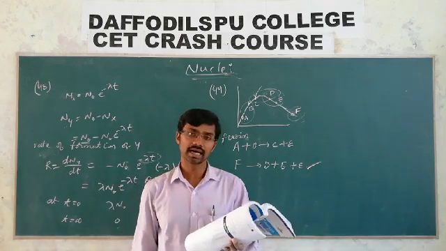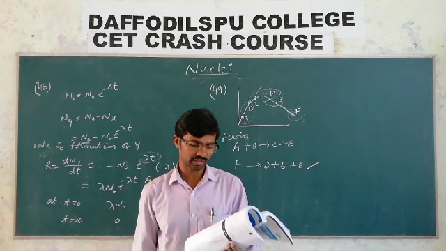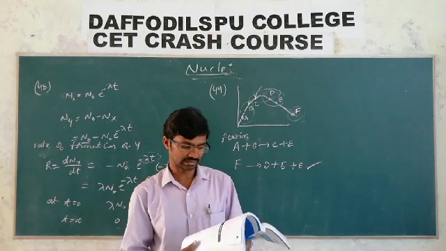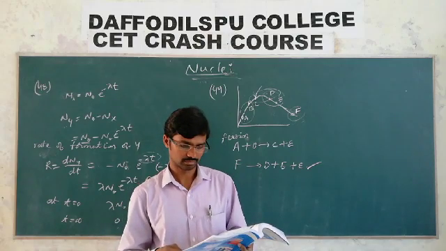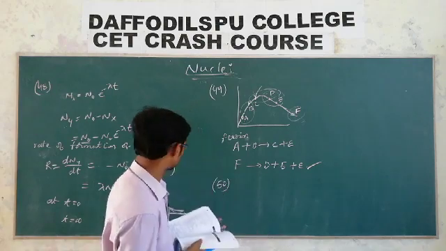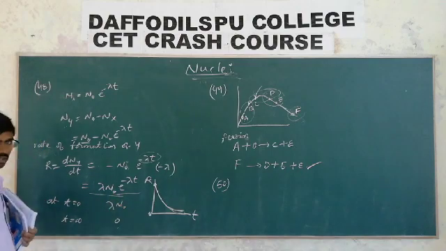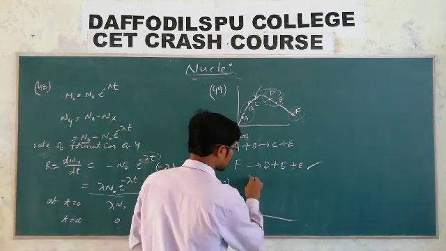The graph shows the number of particles N emitted per second by a radioactive source as a function of time t. The relationship between N and t is, and Ln 20 is given as 3. Same as before, this is lambda N naught e power minus lambda t. So this represents a straight line graph.